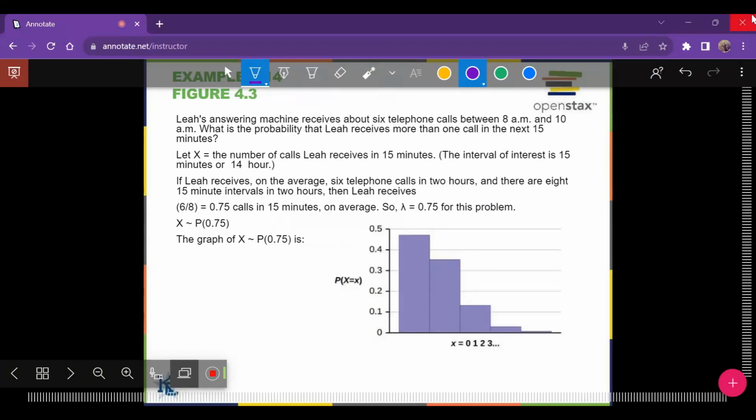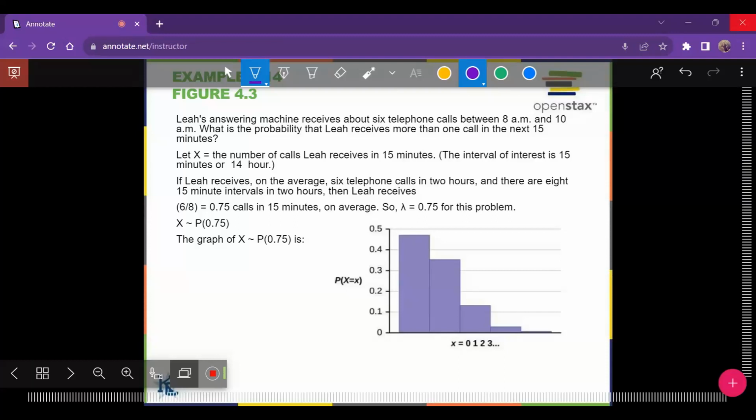So it's also important to be able to look at these distributions in table form and kind of get an idea of how you're going to do this. So Leah's answering machine receives about 6 telephone calls between 8 a.m. to 10 a.m. What is the probability Leah receives more than 1 call in the next 15 minutes?